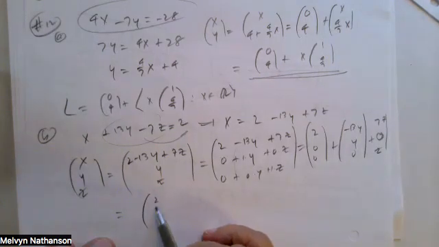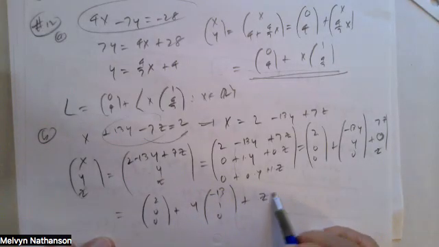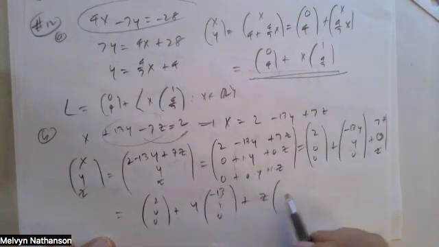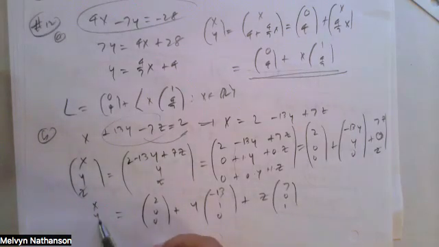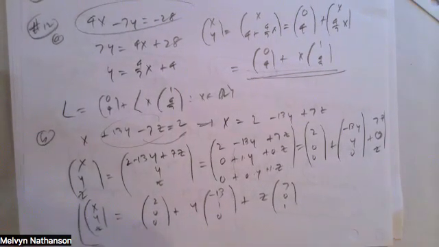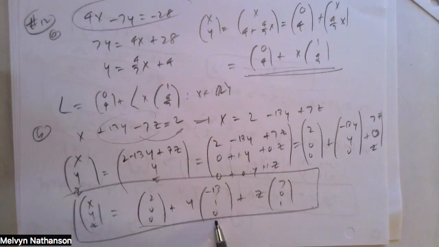So this is 2, 0, 0 plus y times the vector minus 13, 1, 0 plus z times the vector 7, 0, 1. So to write the solution in vector form, this is it. It's this fixed vector plus any scalar multiple of this plus any other scalar multiple of this.